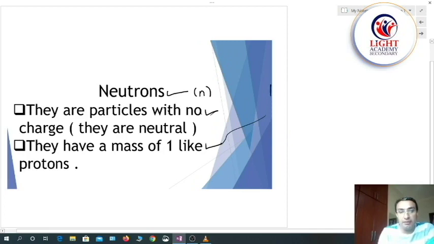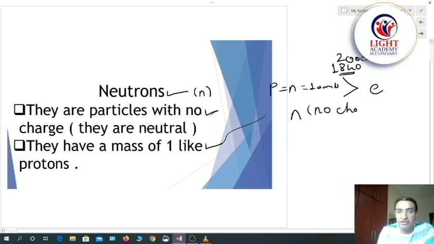So protons and neutrons have almost one atomic mass unit, and they are almost 2,000 times heavier than an electron. Neutrons have no charge, and they are present in the nucleus.